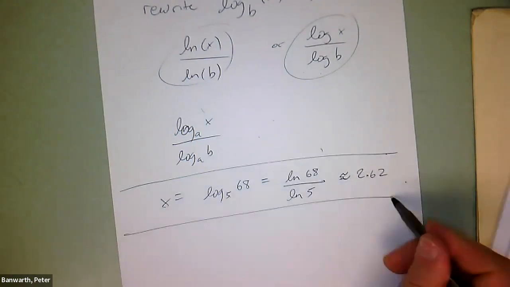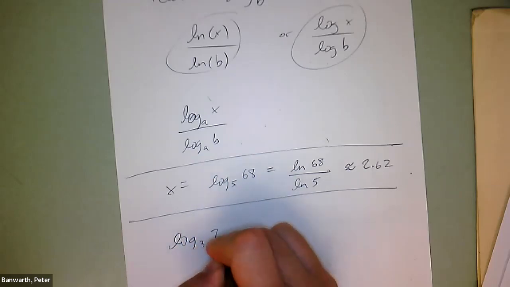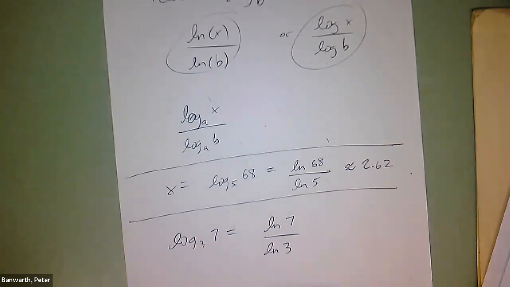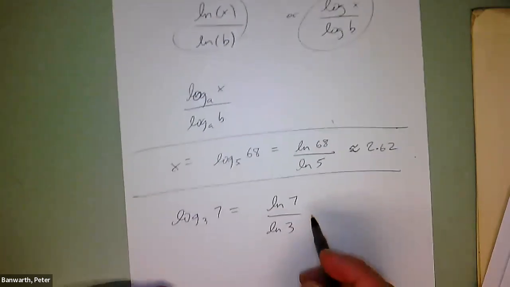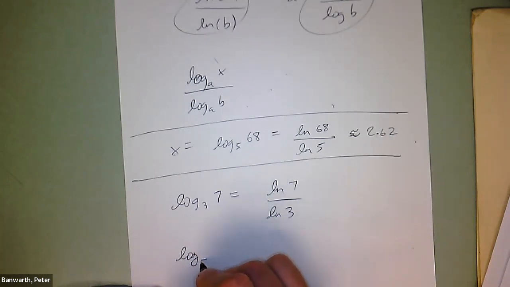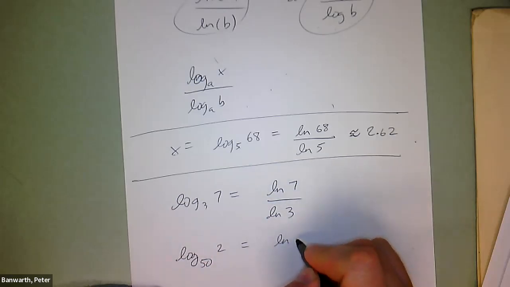I'll do a couple more of those just so you can see. So if I have log base 3 of 7, I can write that as natural log of 7 over natural log of 3, which now I can do in my calculator. If I have log base 50 of 2, I can write that as natural log of 2 over natural log of 50.